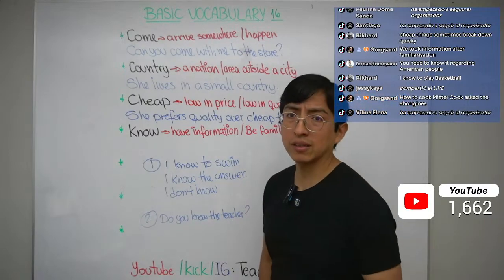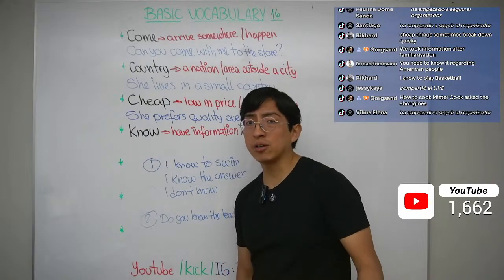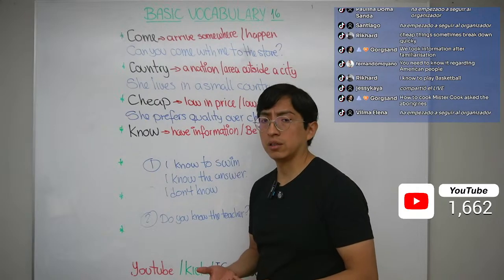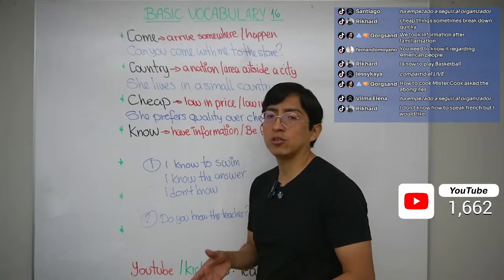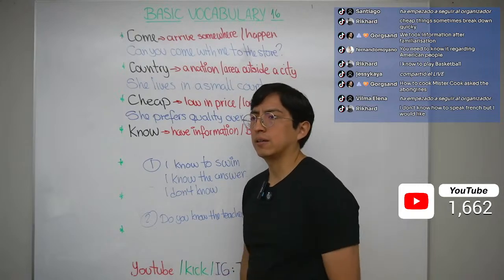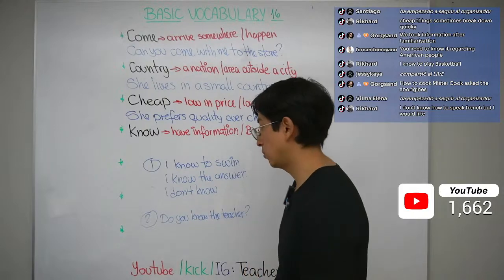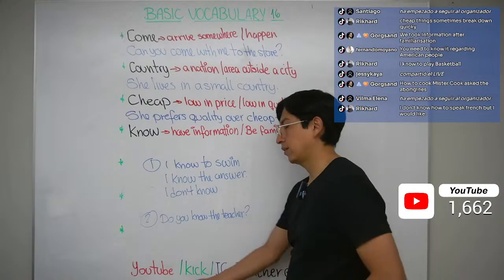Or maybe you can say, hey, do you know Bruno Mars? Do you know Taylor Swift? And you can say, well, I'm sorry, I don't know who Bruno Mars is, or I don't know who, in this case, Taylor Swift is. So you're talking about being familiar with this.